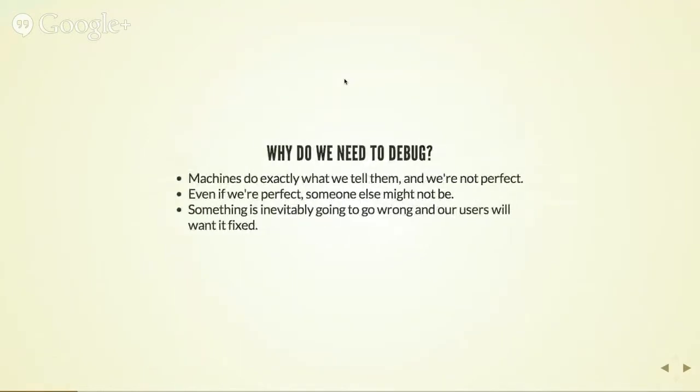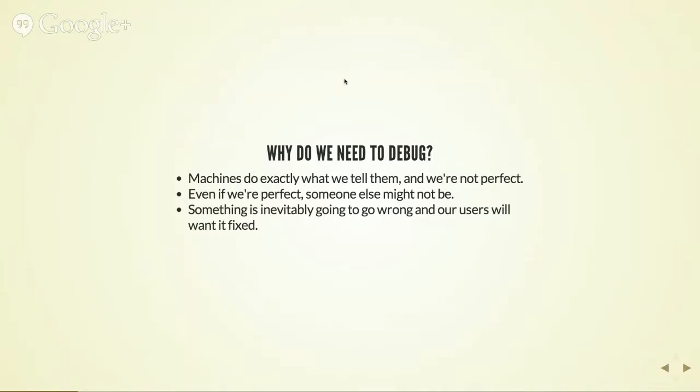So this may be obvious, but why do we need to debug? Machines do exactly what we tell them. There's no room for ambiguity. And at the end of the day, we're not perfect. We're not infallible.